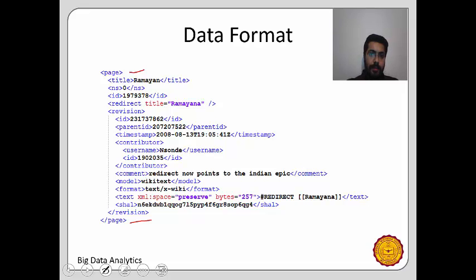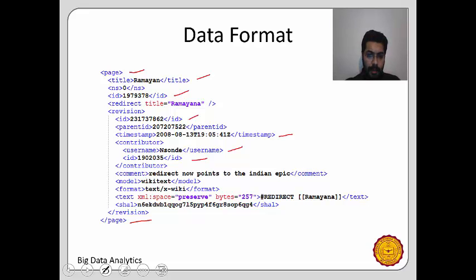There are a few fields which we are trying to extract: the title, the ID, then the revision of that particular page, the timestamp when it was revised, and the contributor for that particular page, like the username and the unique ID for that username. A few other fields are not very important to us, so while parsing and filtering the data, we'll ignore those fields.